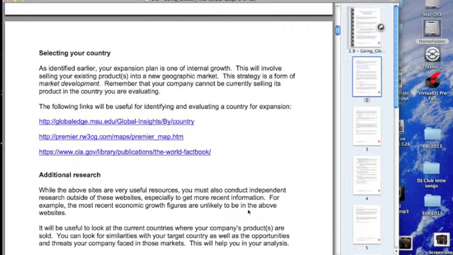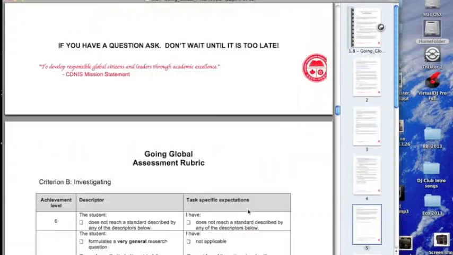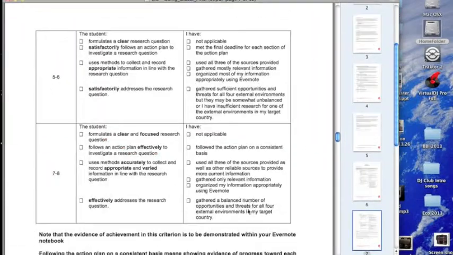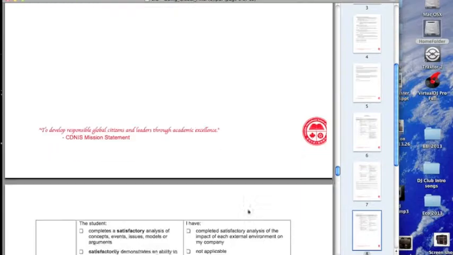Each person in the group is going to be responsible for one of the PEST factors, at least one, and some of you may have to share another PEST factor. That's how you're going to be evaluated. The rubric that we presently have is not 100% how it's going to look by the end of this project.